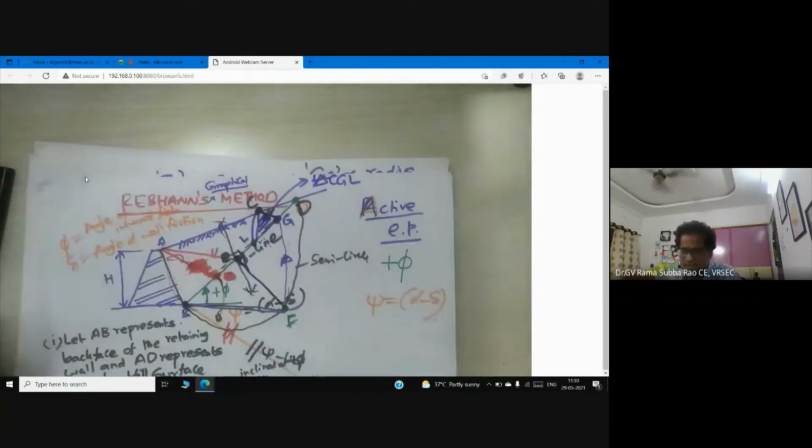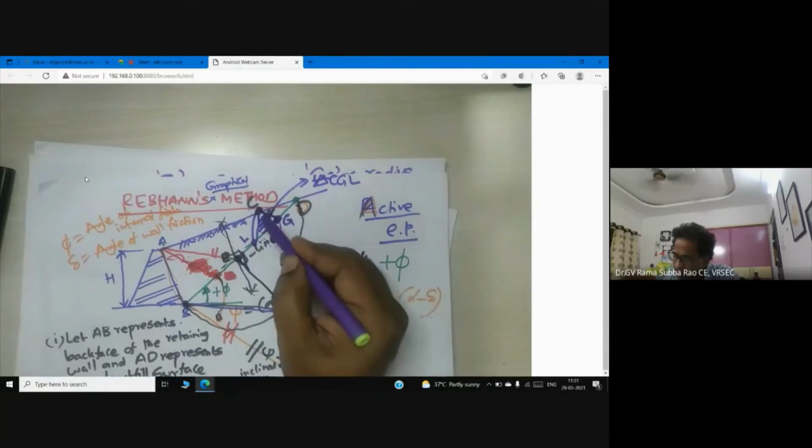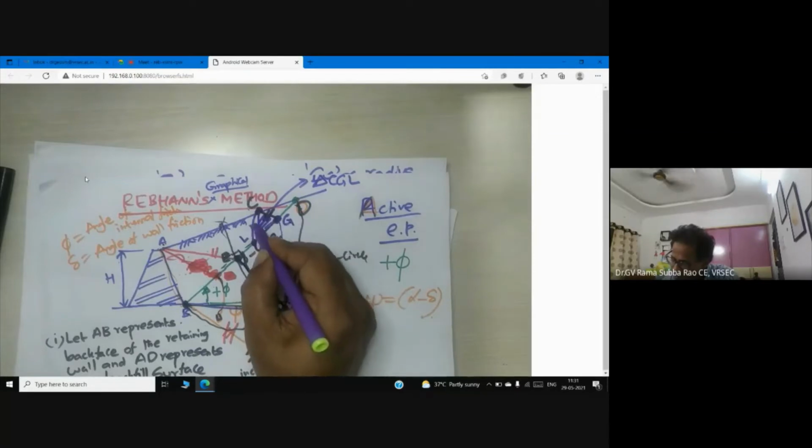I try to draw an arc with CZ as radius, and it is good to show this symbol, otherwise it is very difficult to understand.